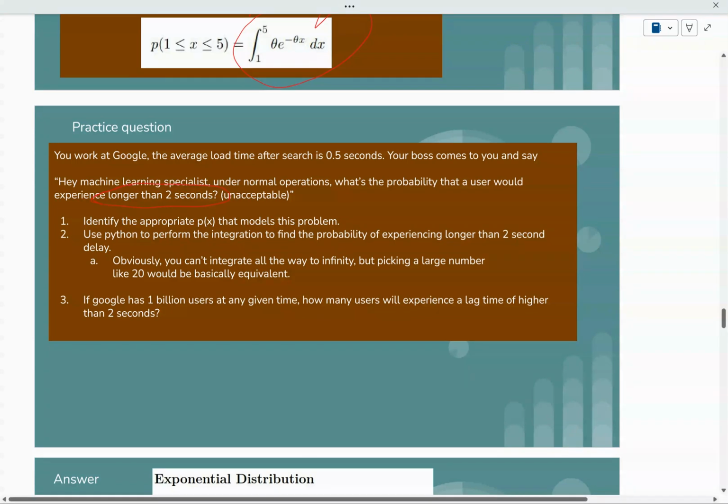So, longer than 2 seconds will be unacceptable. Identify the appropriate P of X for this problem. Okay, so you should be able to identify this, and then use Python to perform integration to find the probability of experiencing this. So you can use Python, and you know how to find the integral now, right?